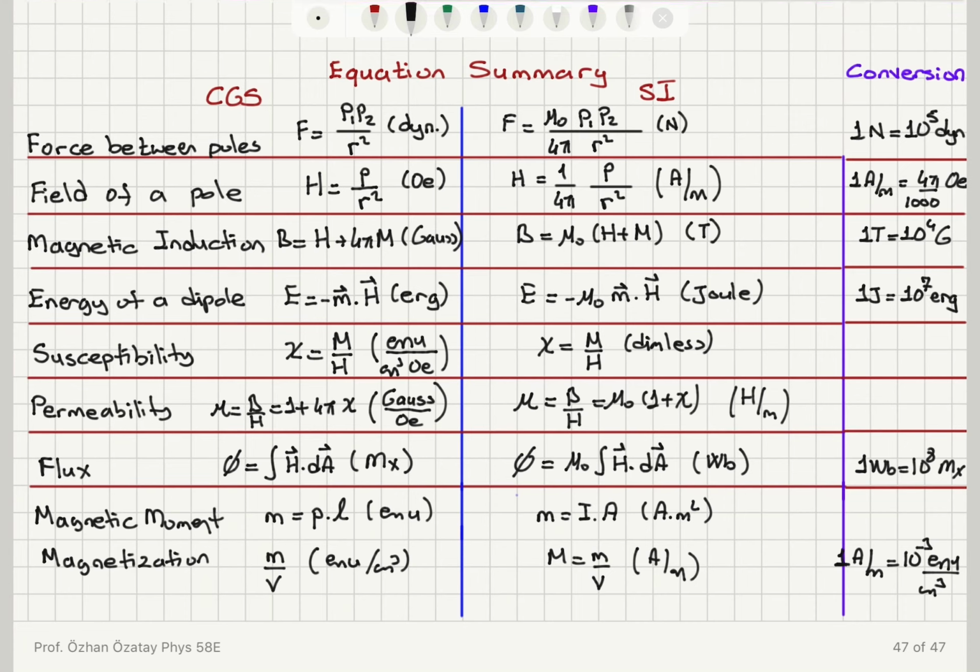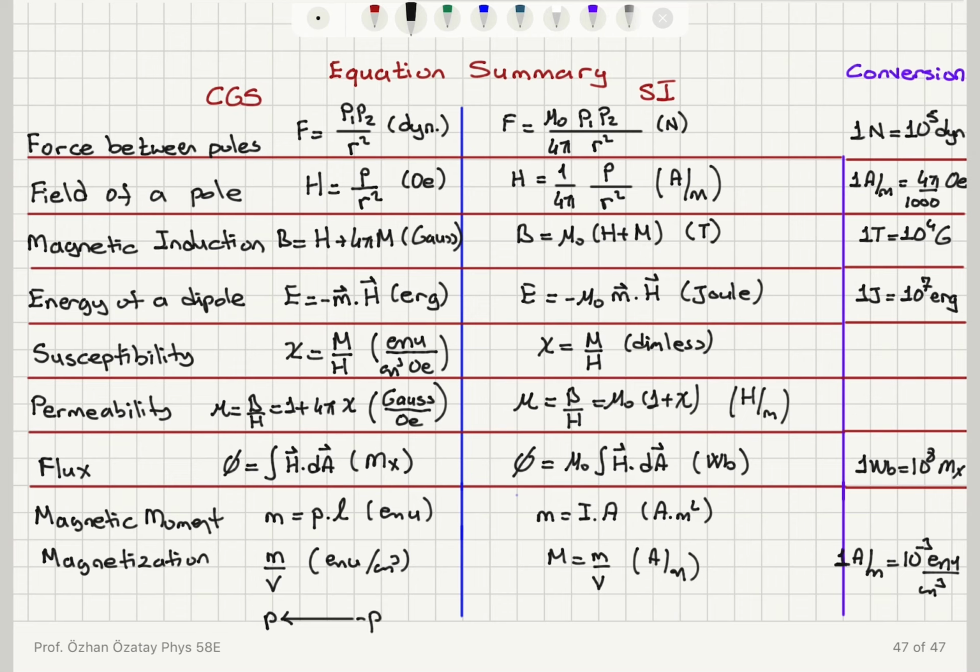So if you consider a plus p and a minus p that are at a distance L from each other, we define the magnetic moment to be the vector that points from minus p to plus p, and the distance between the two poles is L, and it's the pole strength P times L. That's measured in EMU.